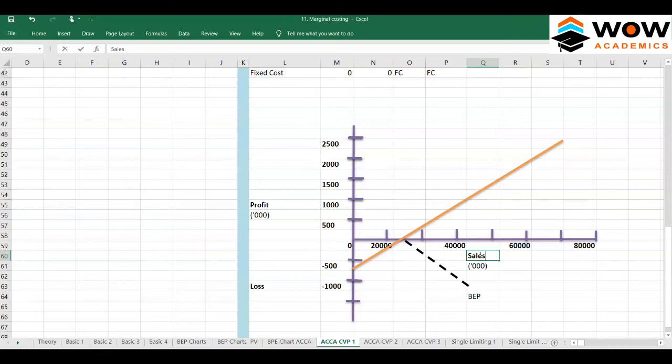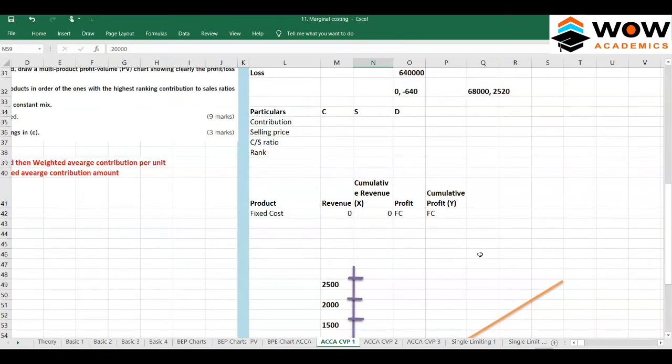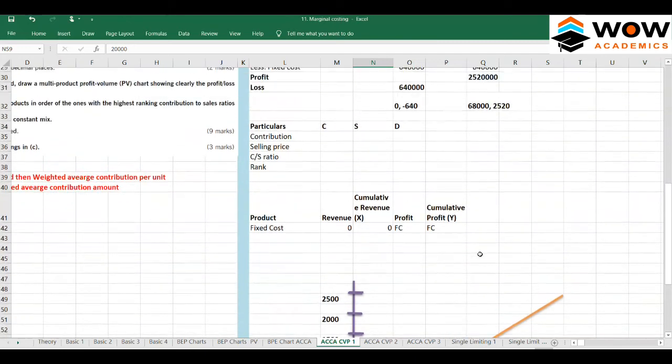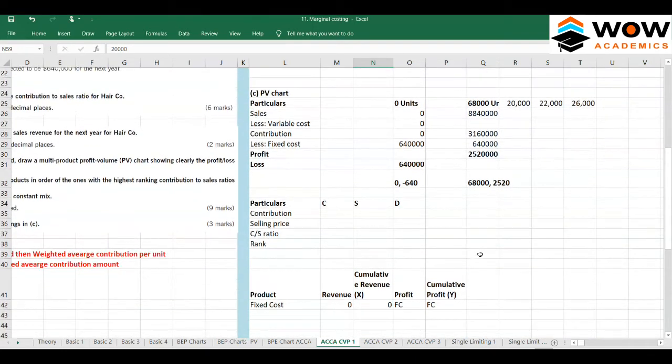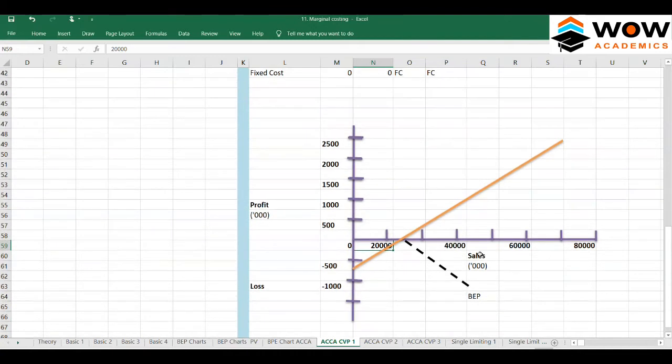We can't put it in units. Okay, so we'll get the total. Okay, I think we can put it in units itself.